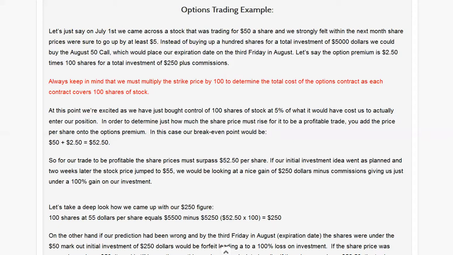So for us to actually make money on this trade, the stock price would have to surpass the $52.50 per share mark. If our initial investment idea went as planned, and 2 weeks later the stock price jumped up to $55, we'd be looking at a nice gain of $250 minus commissions, giving us just under 100% gain on our investment.